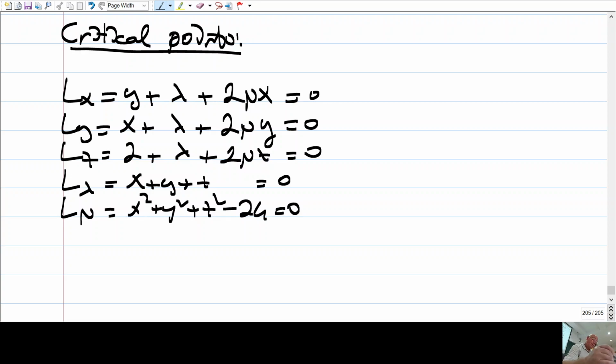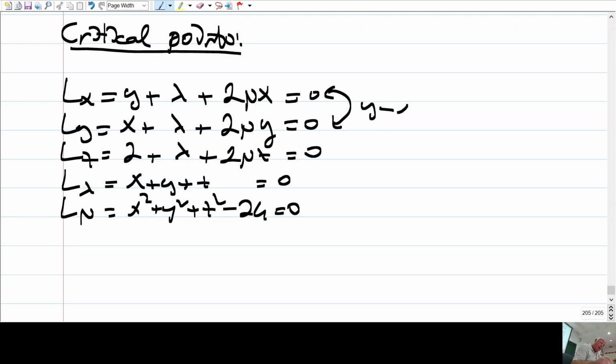All right. How can we solve these? Let me see. Okay, now from these two, if I subtract one equation from the other one, you see I have only x and y here in both of them.